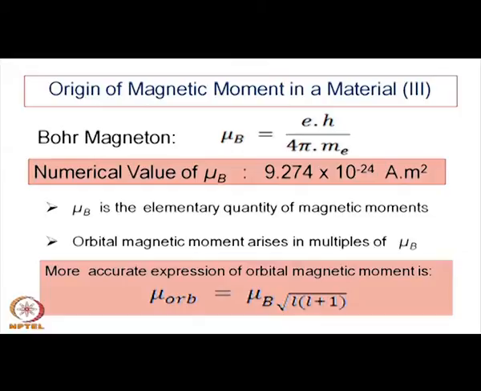So it is not just L into mu b, but root over L(L+1). That is the more accurate expression of the orbital magnetic moment. But mu b is certainly an important parameter whenever you are trying to calculate any magnetic moment of any origin.